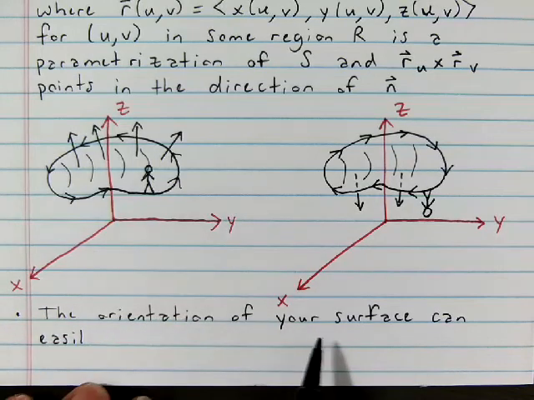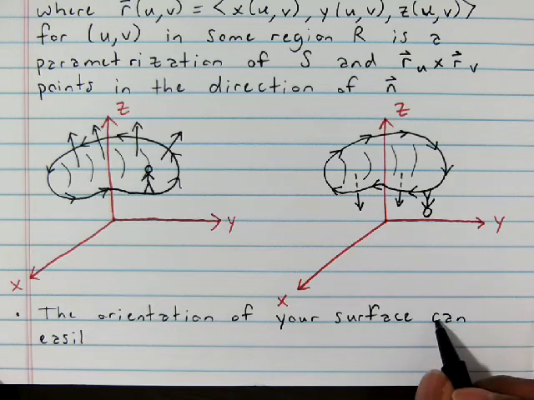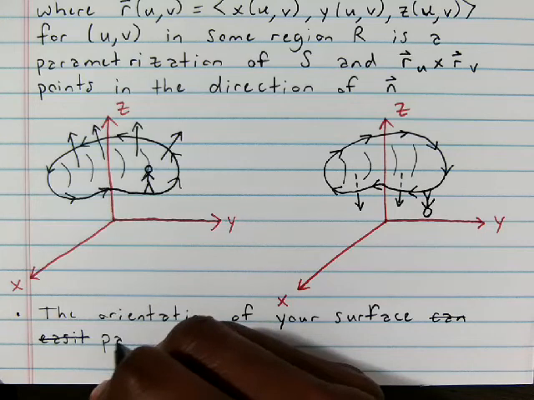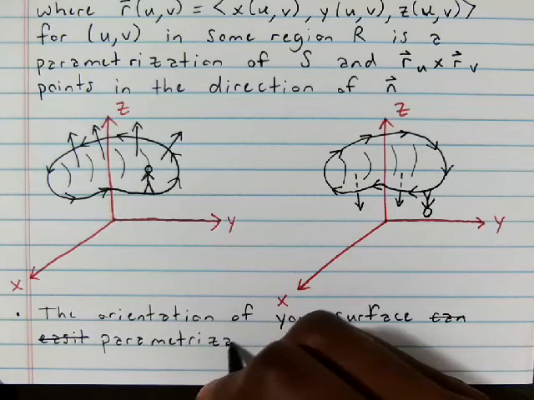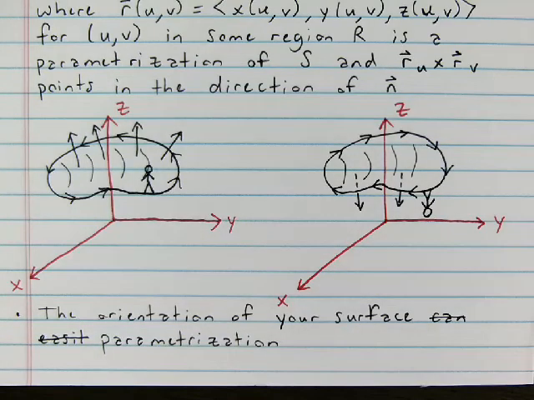Actually, I should have said the orientation of your surface parameterization, because you're not checking the orientation of the surface that's given to you. You're checking whether your parameterization is oriented the same way that the surface was given to you in the problem.